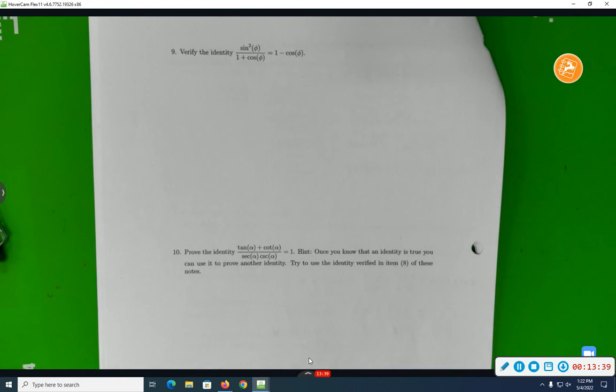All right, here's a claimed identity. Sine squared divided by 1 plus cosine is equal to 1 minus cosine. And, well, in looking at that, what sort of philosophy would you, if you just saw this, want to follow to do it? Like, do you look at both sides at once, or look at one side and simplify?